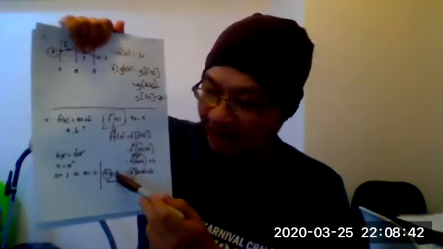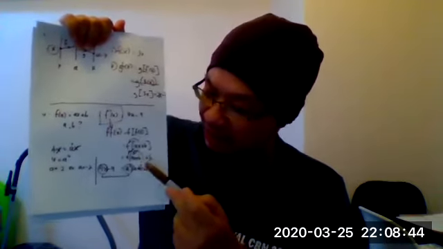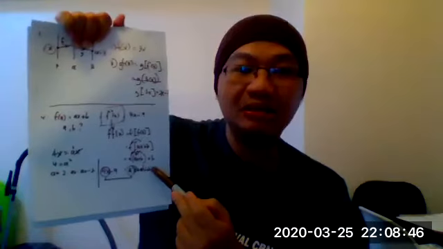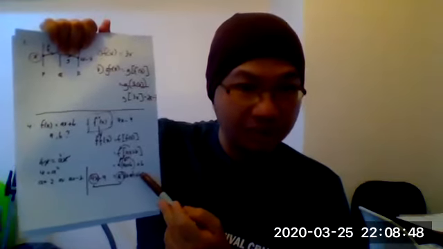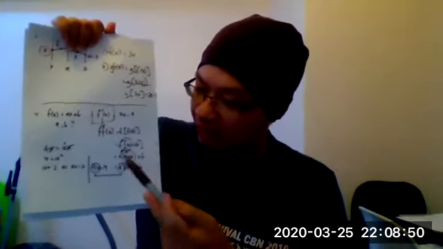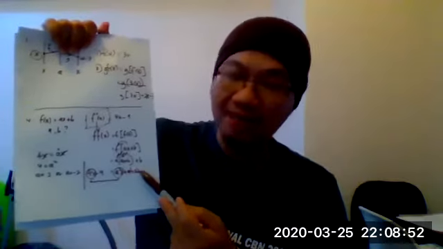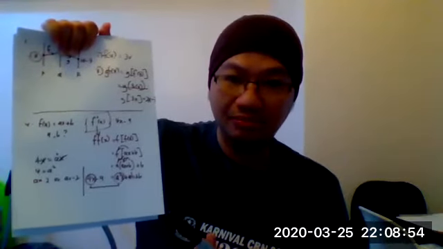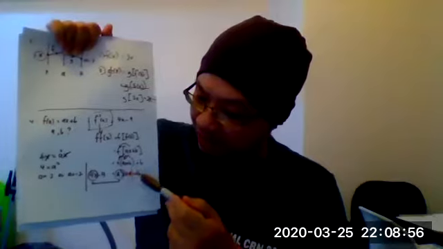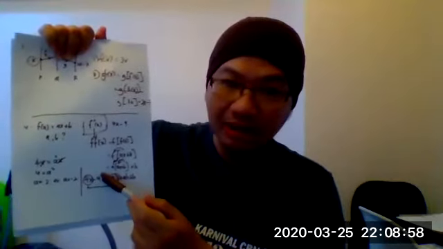Because negative 9 is the number without x, and ab plus b is the constant without x also. So negative 9 equals ab plus b.